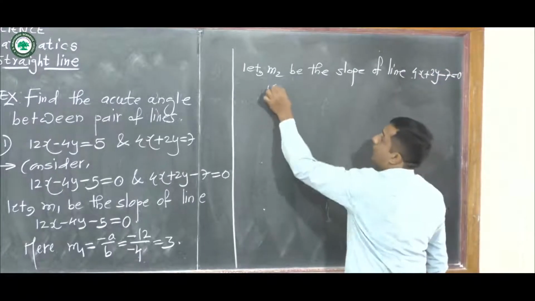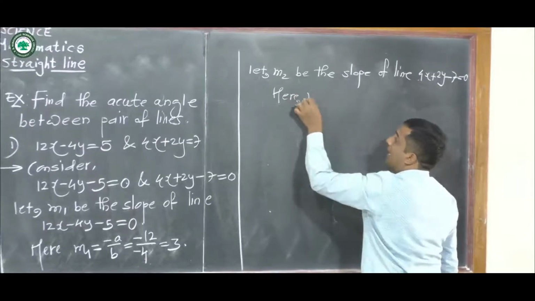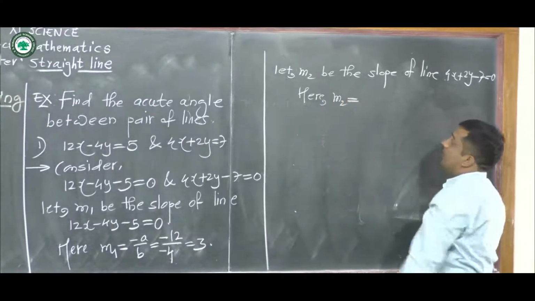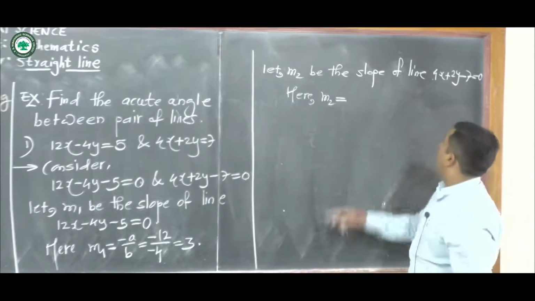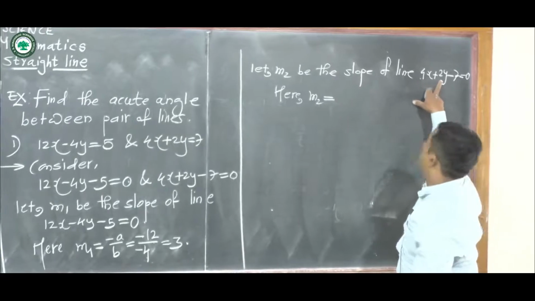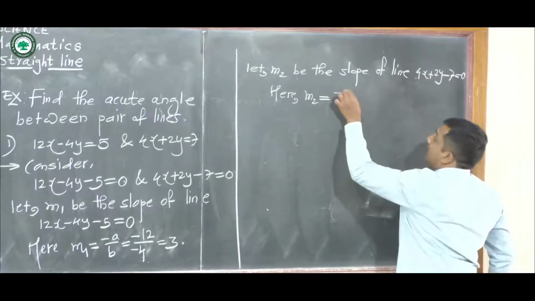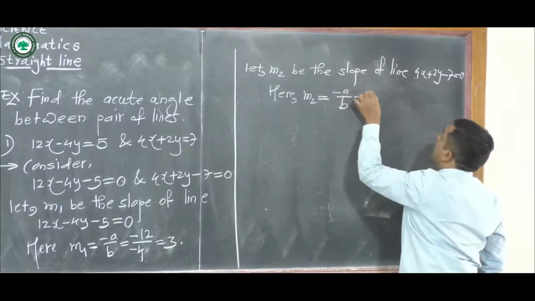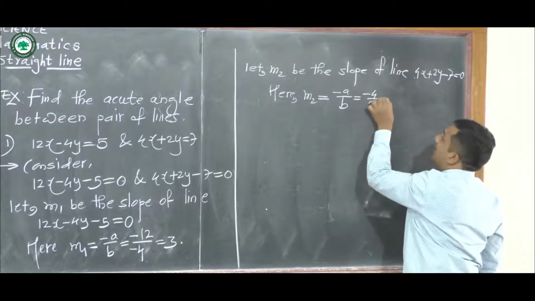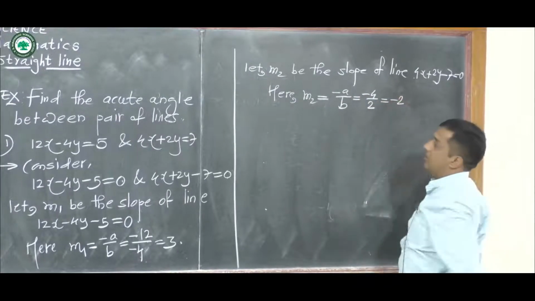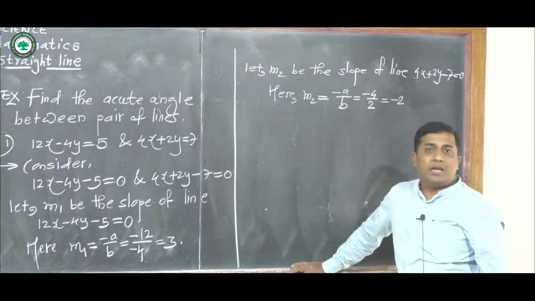Here m2 is equal to, again to find m2 we consider a, b. Here a is 4, b is 2, so minus a upon b is equal to minus 4 by 2, and this is equal to minus 2. Here m2 is minus 2.